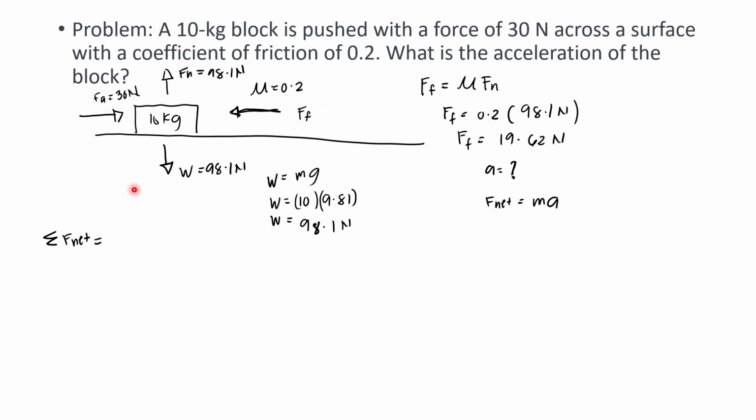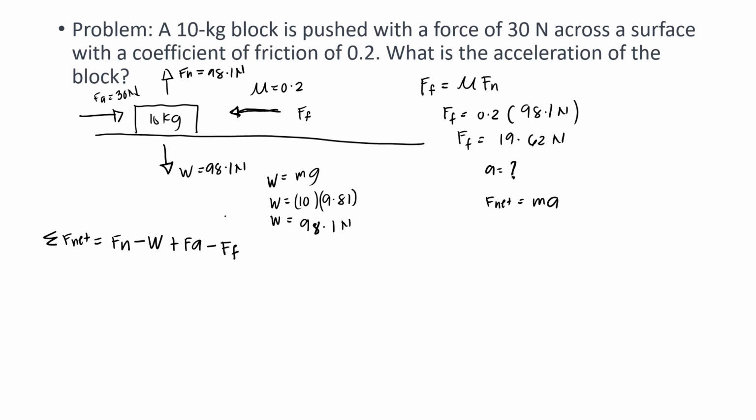Looking at the forces, guys, the direction for weight is going down, meaning 98.1 is negative, while the normal force of 98.1 going up is positive. Going to the right is positive, while the frictional force opposes the direction of the force acting on the block, so this is negative here. In adding all the forces, we must not neglect the direction of the forces, guys. So first, Fn is positive while weight is negative. Another one is Fa is positive while Ff, or frictional force, is negative.